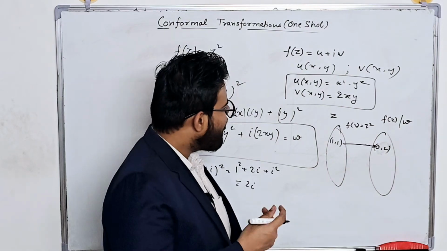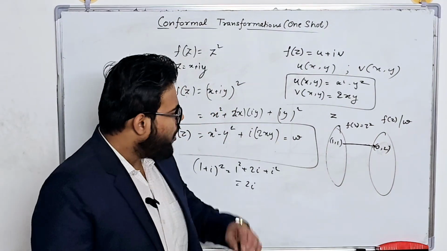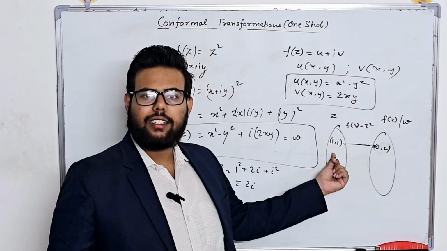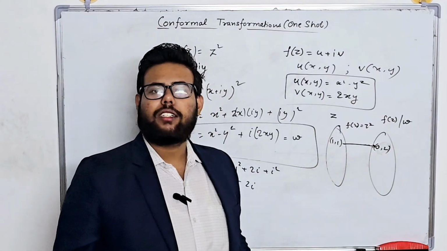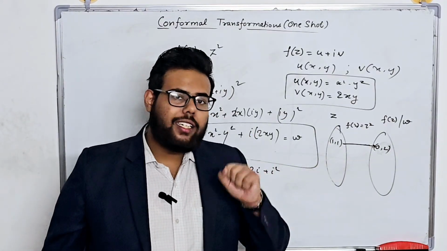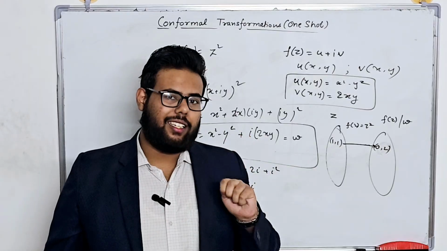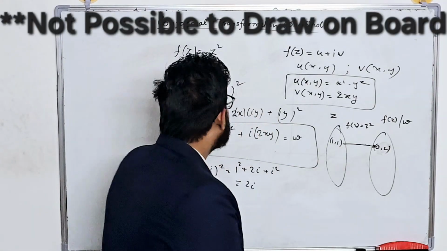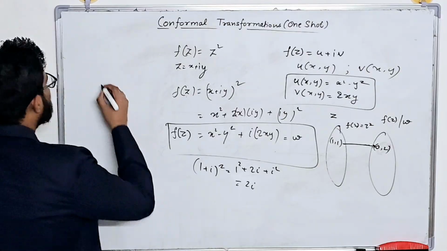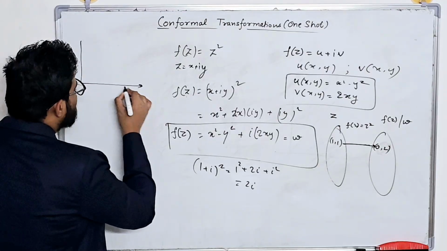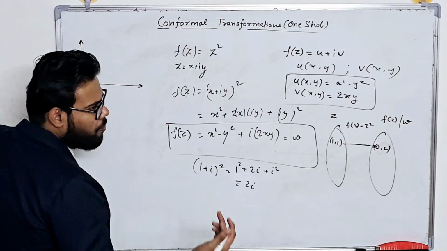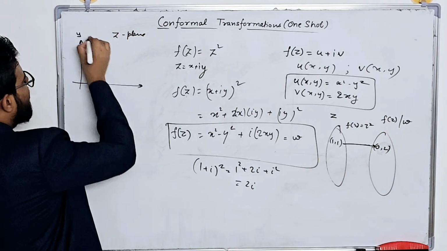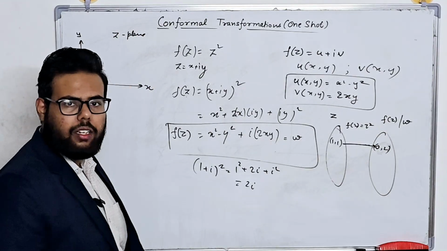But how can we plot this on a graph? We know that this is two-dimensional because it has two axes, and this also has two axes. It means that to represent its graph we would need a 4D system, but that is not possible. Hence, to represent such things we use two graphs, two planes. One is the z-plane, with y and x axes.